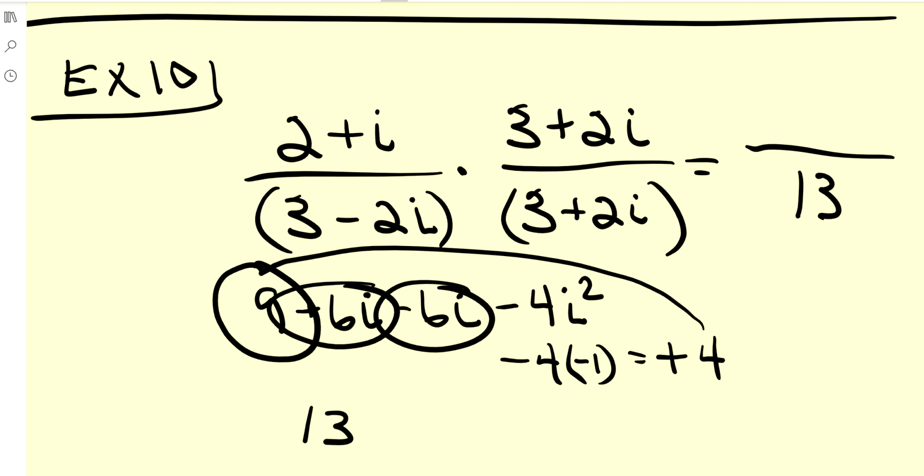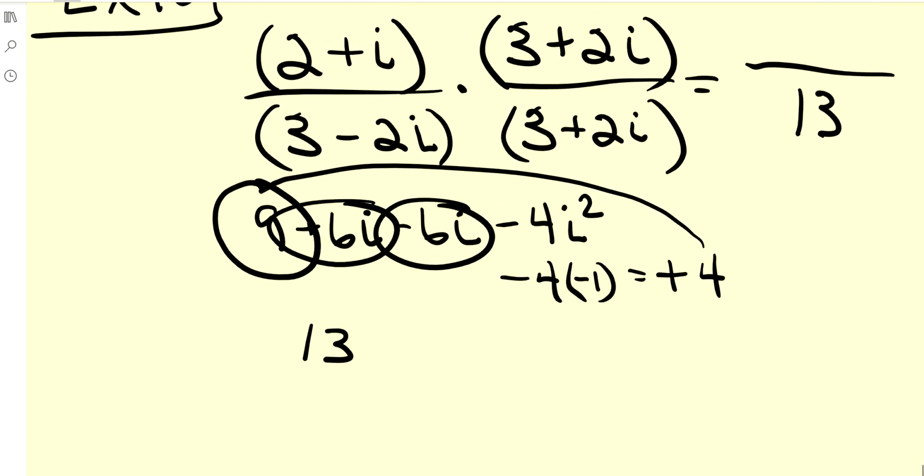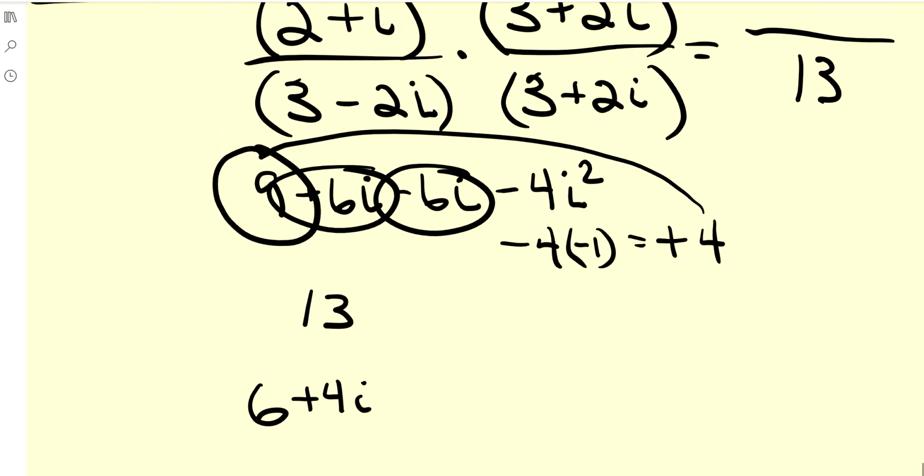Now I'm going to do the numerators here. 2 times 3 is 6. I'm going to FOIL this now. Outside is 2 times 2i, which is 4i.